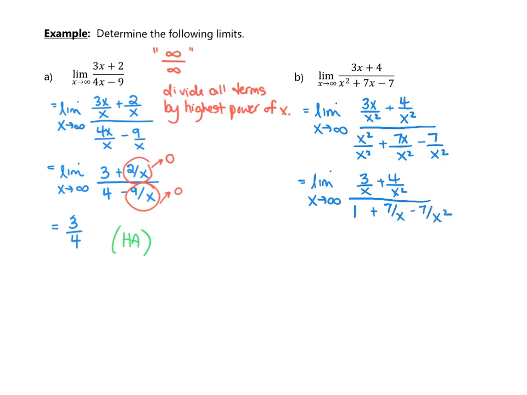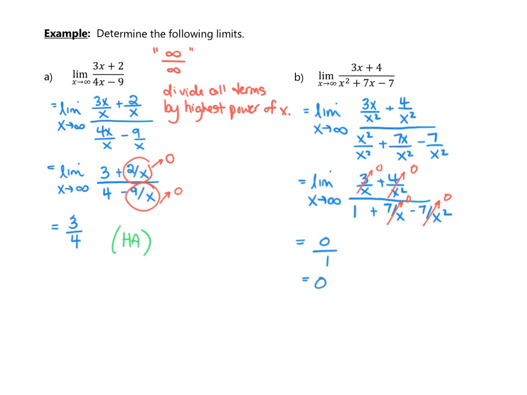Again, if I now take this limit by substitution, this goes to 0, this goes to 0, this goes to 0, this goes to 0, and I am simply left with 0 over 1, which is 0.